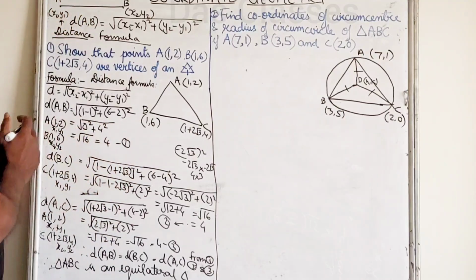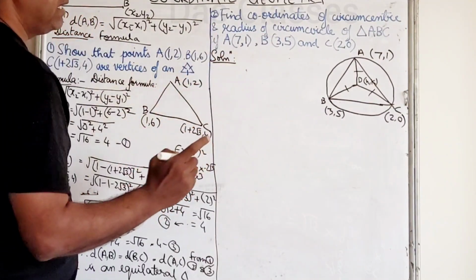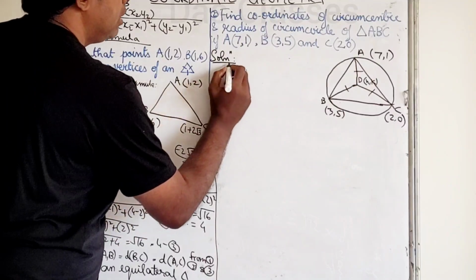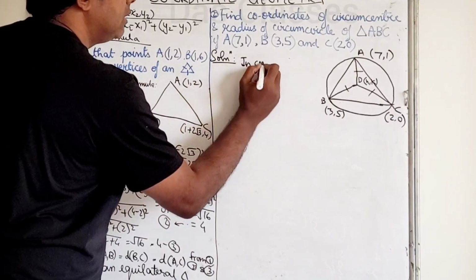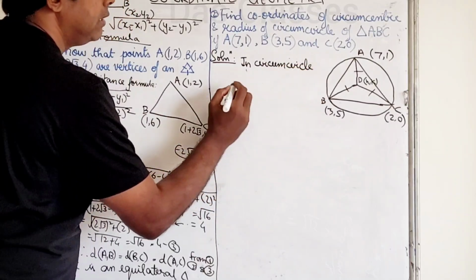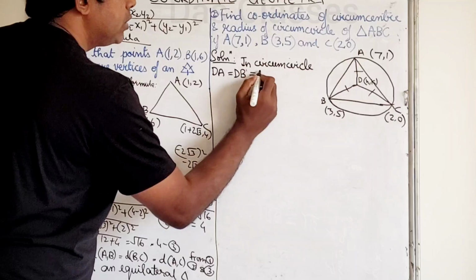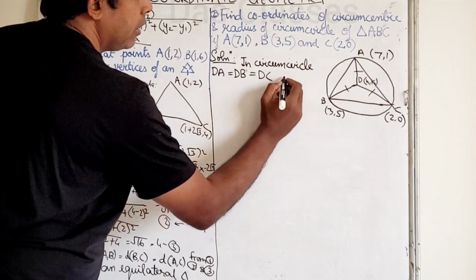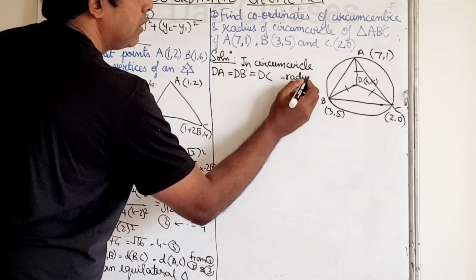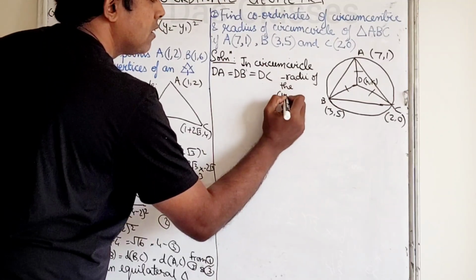Okay, so solution. The first step is: in a circumcircle, DA is equal to DB is equal to DC, the radii of the circumcircle.